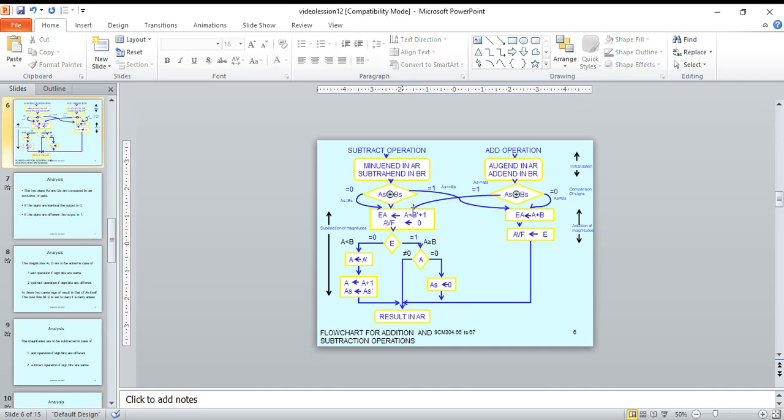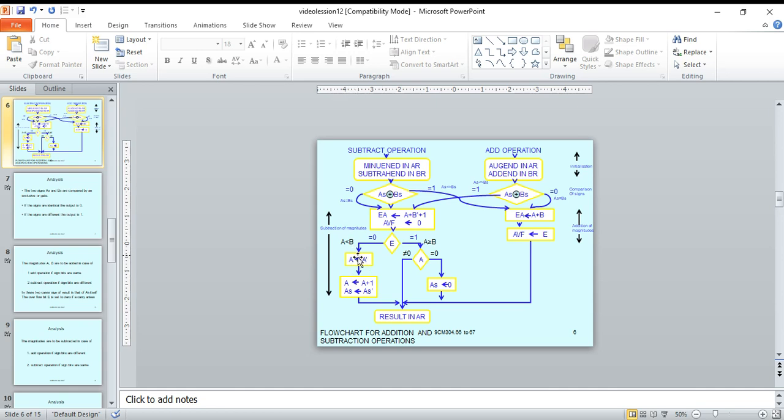And remember one thing: E equal to 0 means A greater than or equal to B, and E equal to 1 means A less than B, that is, a is a lesser value than b, for example 3 and then a minus value.